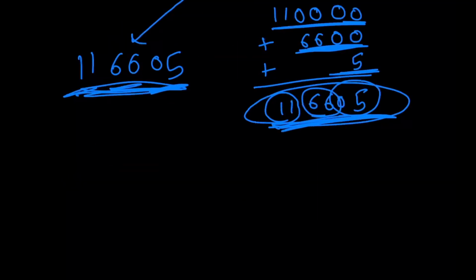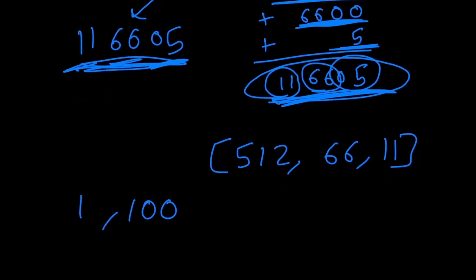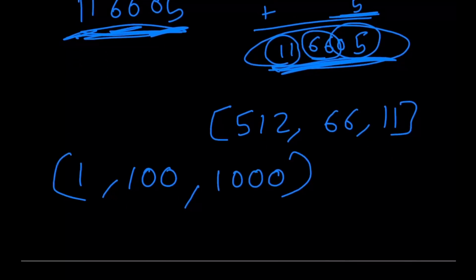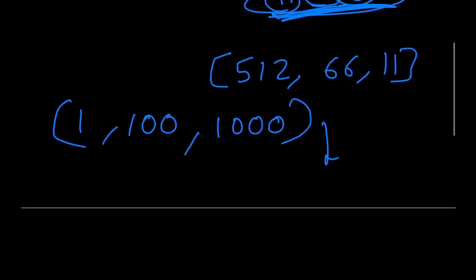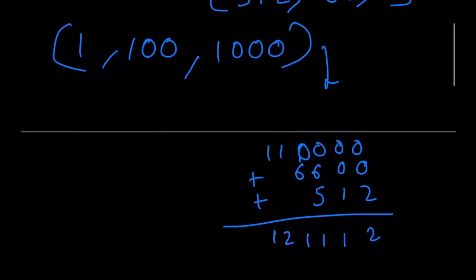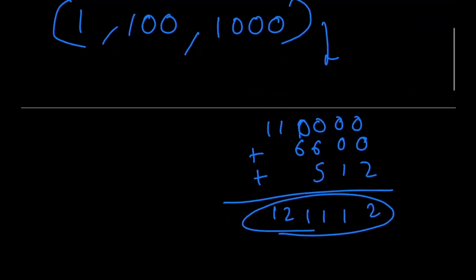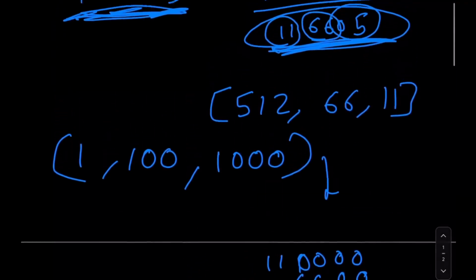So to make a counter example, let's say the x, y, and z values were 512, 66, and 11. This time 100 and 10,000 wouldn't work. Why? Because this time around, the first sum that we'd be told would be this value over here, and this does not help us in any way possible, right?